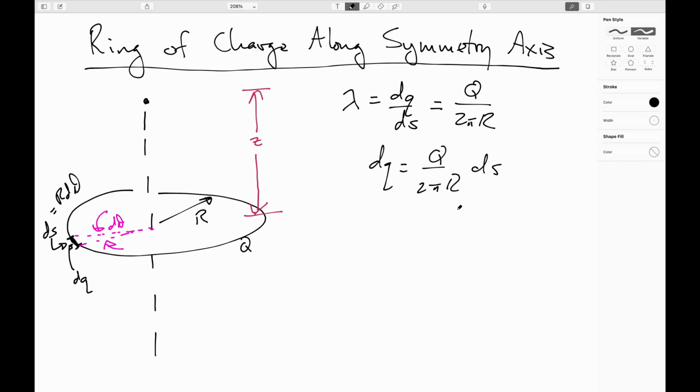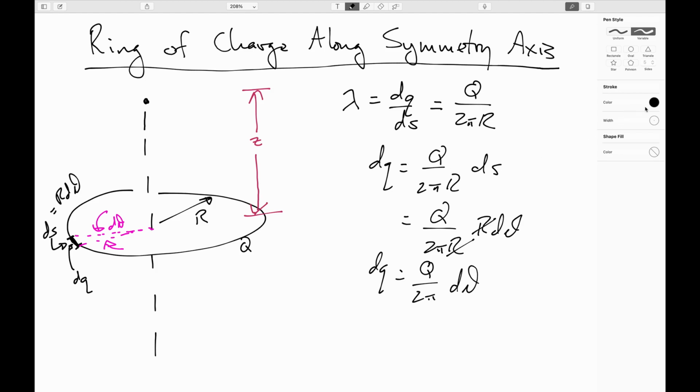So then this becomes q over 2 pi r times r d theta, and so we are left with dq being equal to q over 2 pi d theta. Awesome.